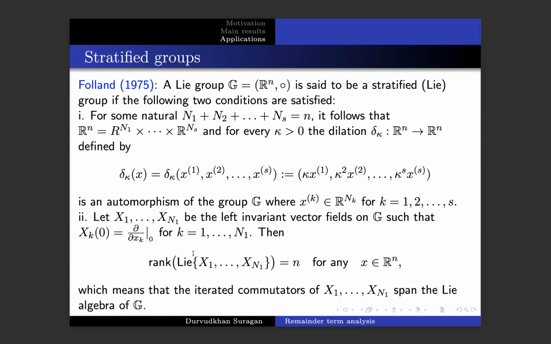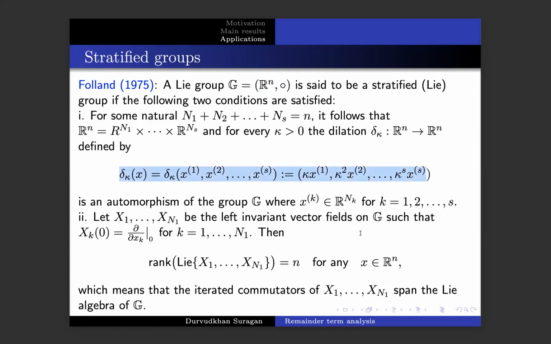It says that a Lie group in R^n with some operation is said to be a stratified group if two conditions are satisfied. The first condition is about the existence of an automorphism, which should be a dilation given by this formula.